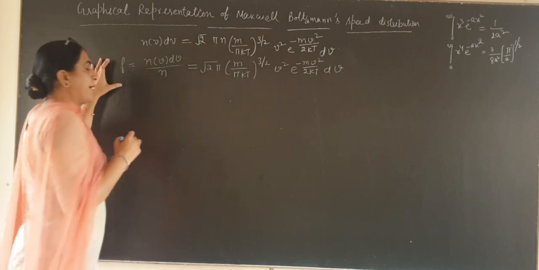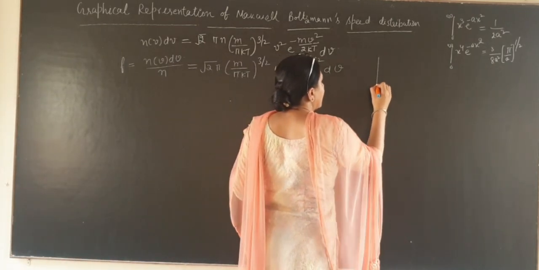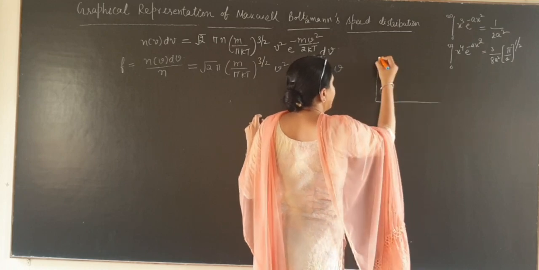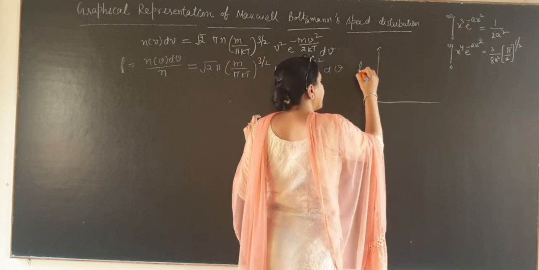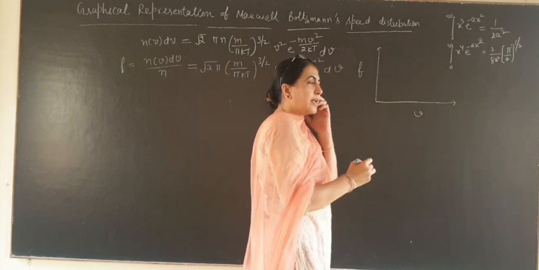So this is f. When we plot a graph between f and v on the x-axis, the graph is like this.